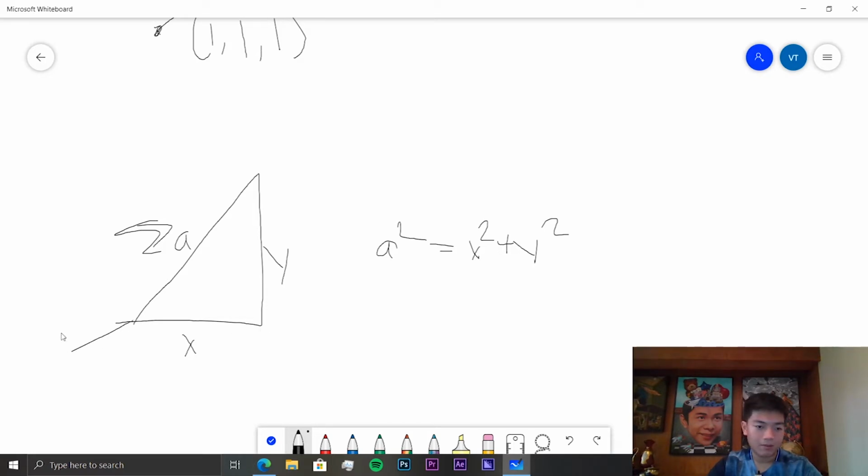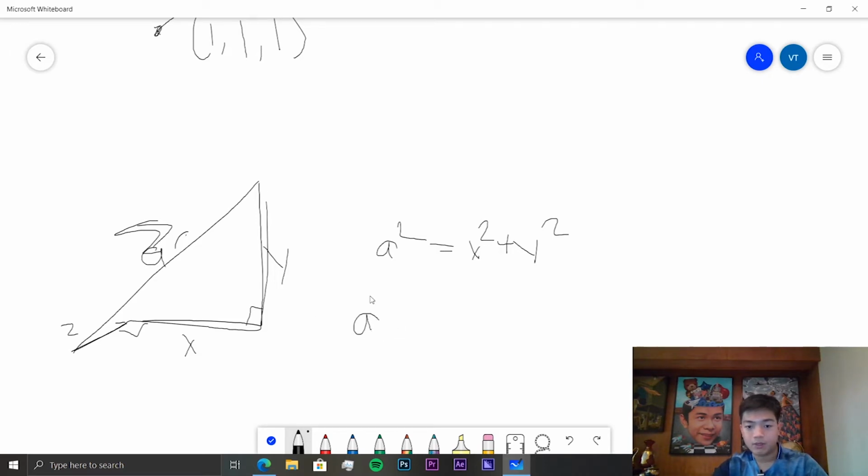We have to add z. So instead of drawing it from x to y, we're drawing it from z to x to y. If we have these three perpendicular parts, and this is the segment, then the length a squared is equal to x squared plus y squared plus z squared. Notice we don't need to cube it, it's still squared.